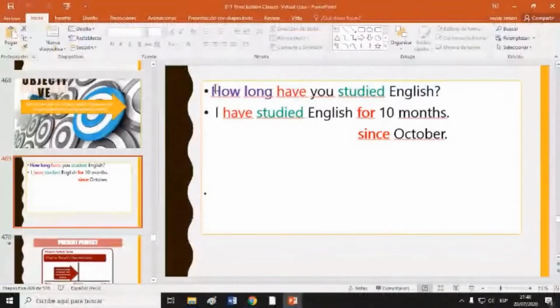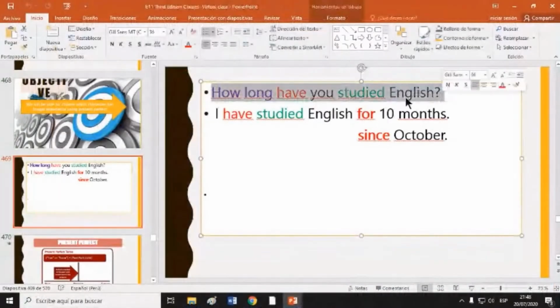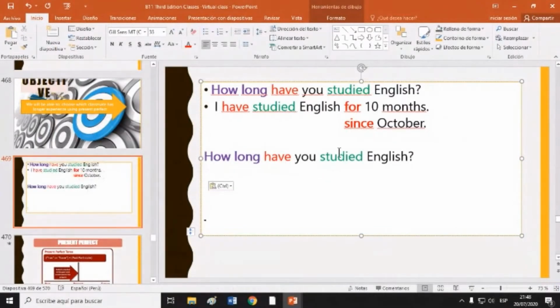Another question. I will ask the same question. Yeah, so here. How long have you lived? How long have you lived in this city, in Huancayo?